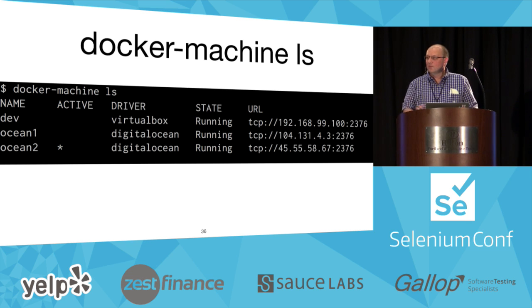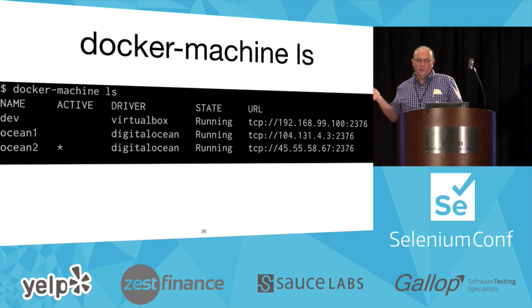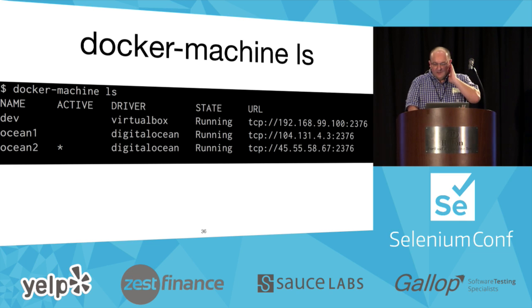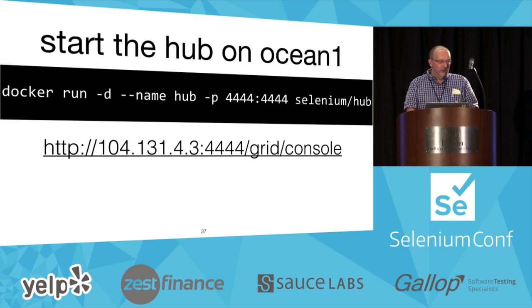If you're on a Linux machine, it's much easier, but everybody's running on a Mac, so I'm sorry, you're going to have to deal with VirtualBox. The little asterisk in the active column says I'm now talking to the Ocean machine. I can switch environments from my command line, so that when I run Docker, it actually runs on that machine. And we're going to start a hub.